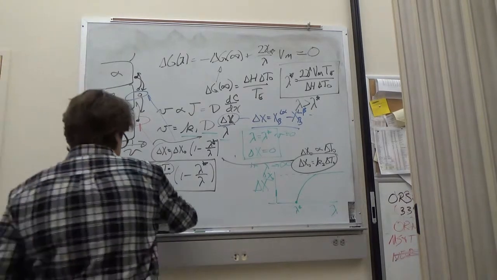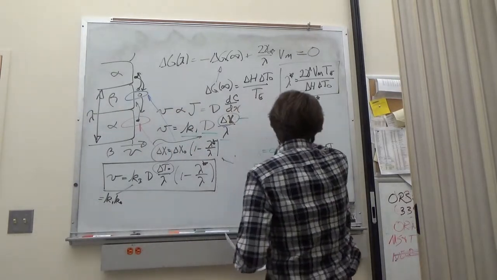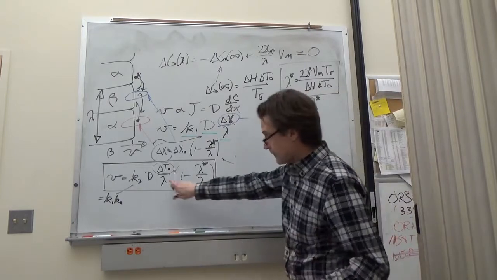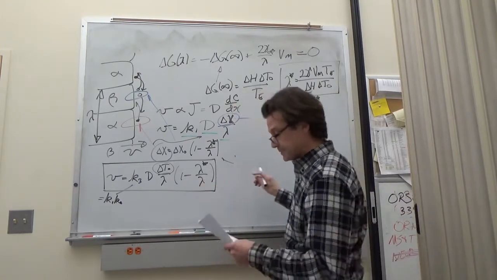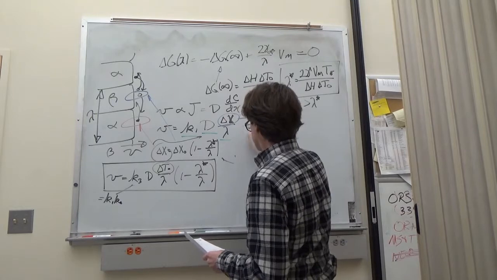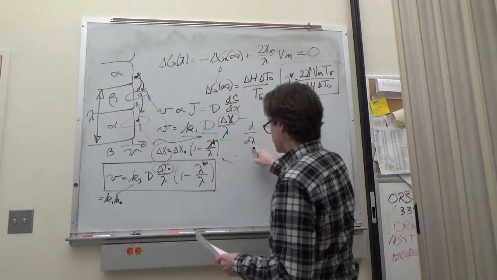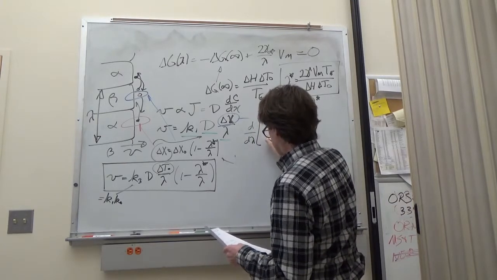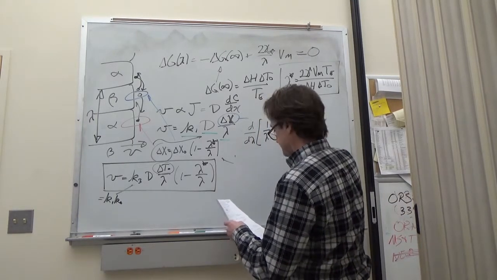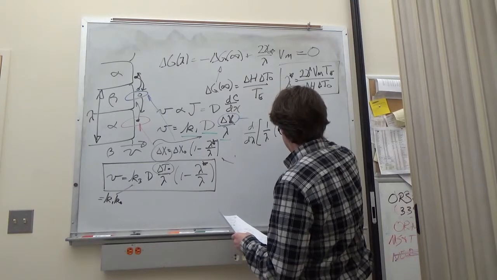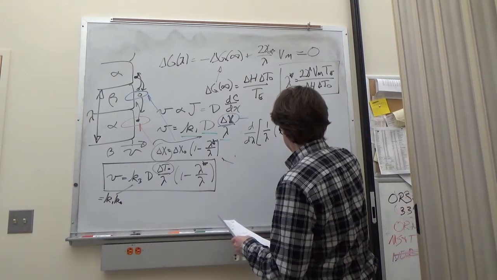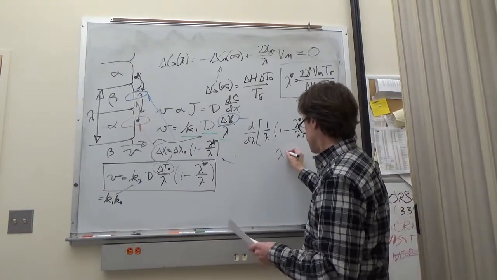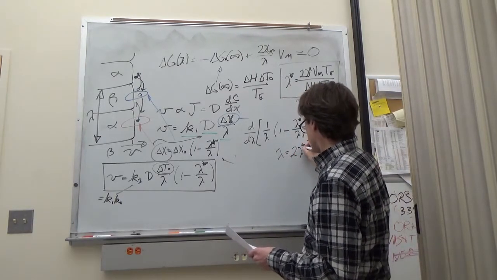Well, the reason is that if we take the derivative with respect to lambda of 1 over lambda times 1 minus lambda star over lambda, and set it equal to 0, we get lambda is equal to 2 lambda star.